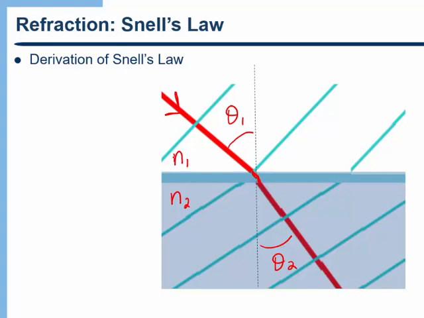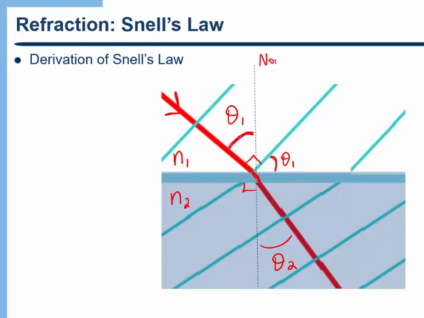The first thing that we have to understand is that if this angle is theta 1, then this angle here is also theta 1. So why is that? Well, remember that the wavefront and the ray are perpendicular to each other. But also, the normal and the surface are perpendicular to each other.